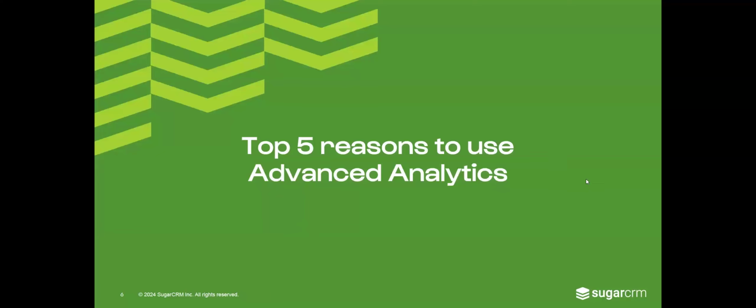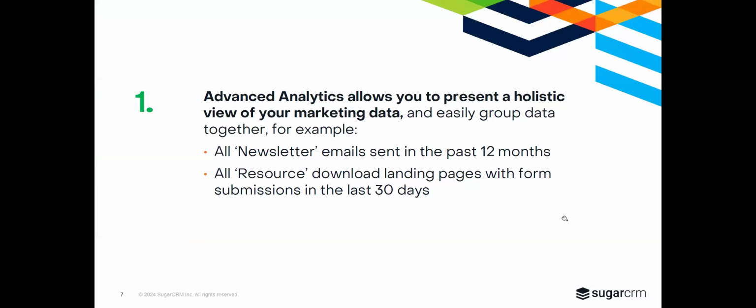Okay, so what are the top reasons to use advanced analytics? The first, and I suppose the most important reason, is to get that holistic top-level marketing view of your data coming from Sugar Market.